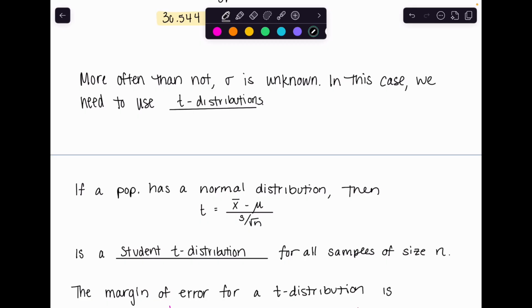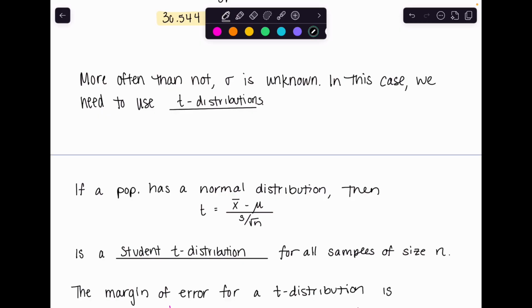For all samples of size n, okay? So the margin of error for this is a little bit different, but it's actually going to be more beneficial for us. We're going to see what the graph of this looks like, but really t-distributions are really important to us to be able to make inferences about our population mean.